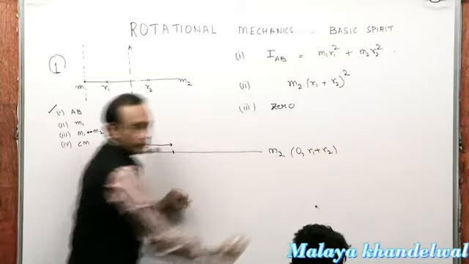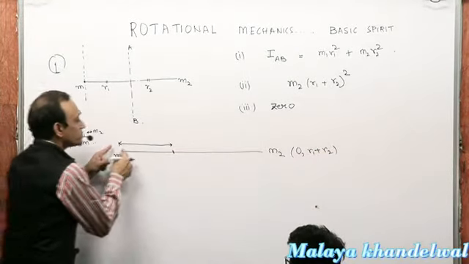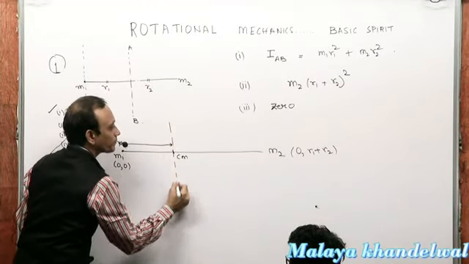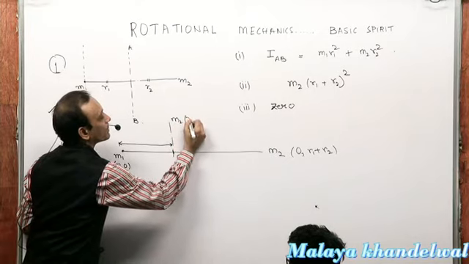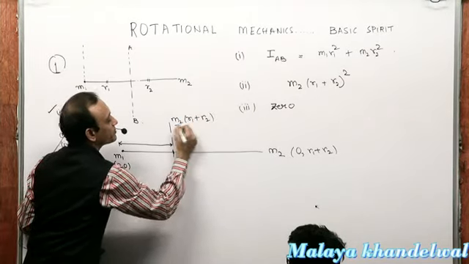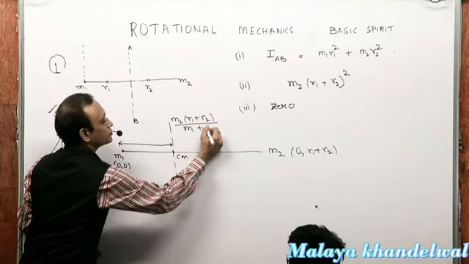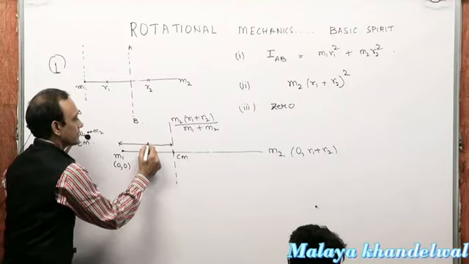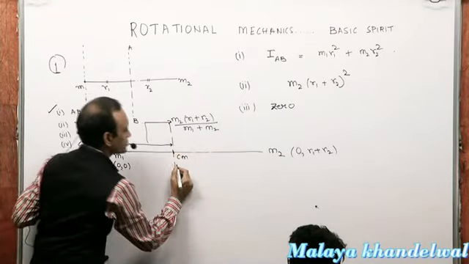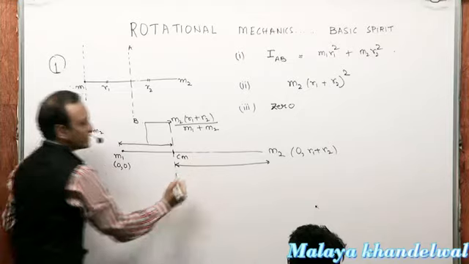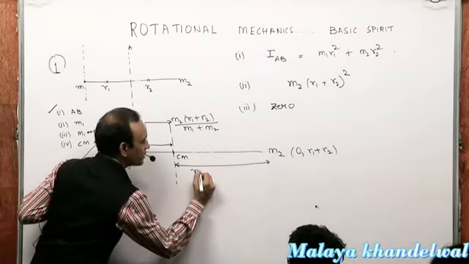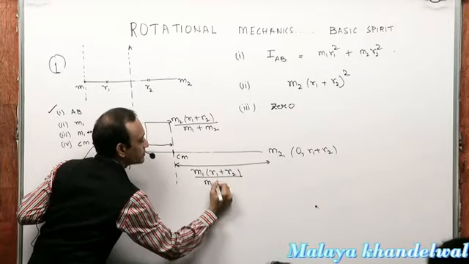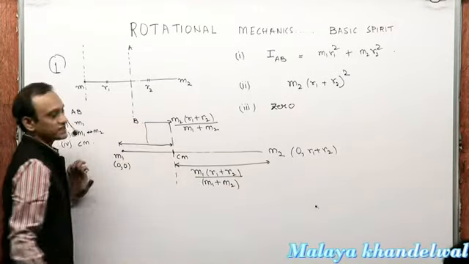So the distance of the center of mass from m1 is going to be m2 into r1 plus r2 divided by m1 plus m2. That's this distance. And what about this distance? This distance is going to be m1 into r1 plus r2 divided by m1 plus m2. Yes or no?